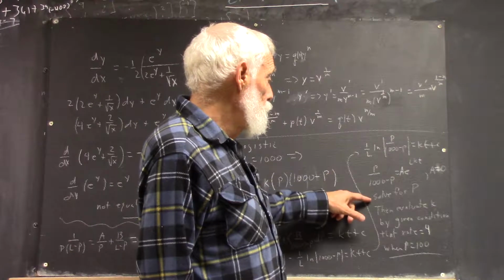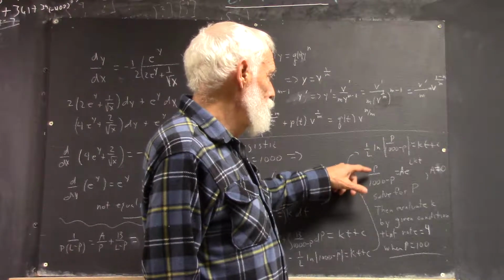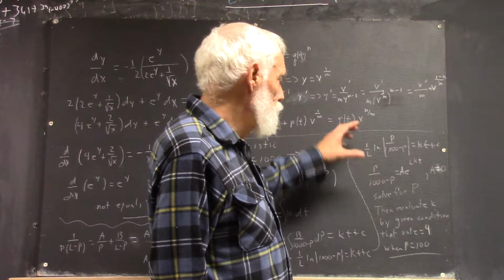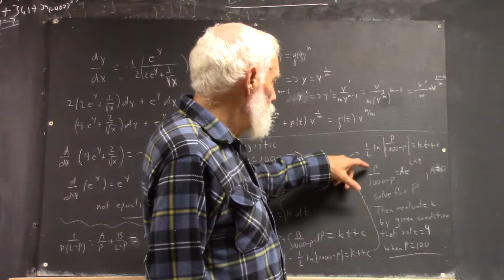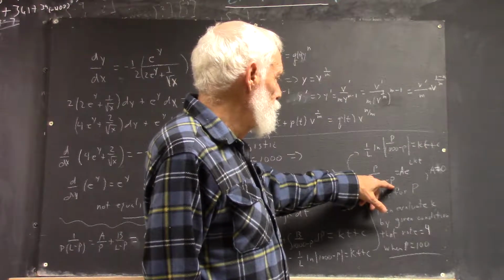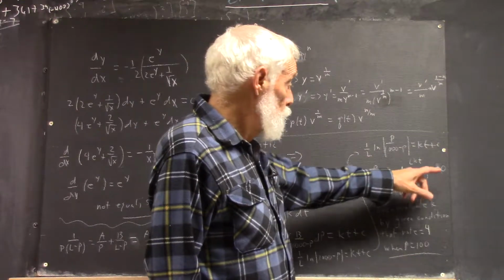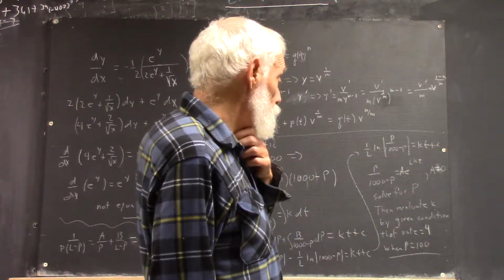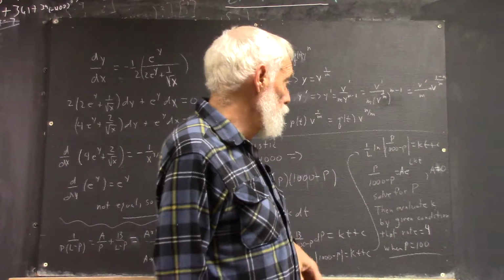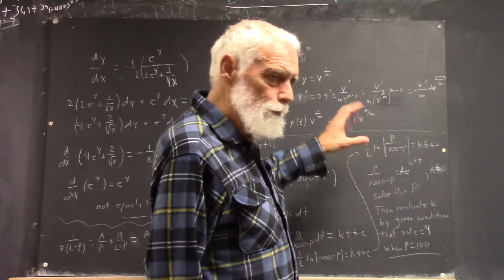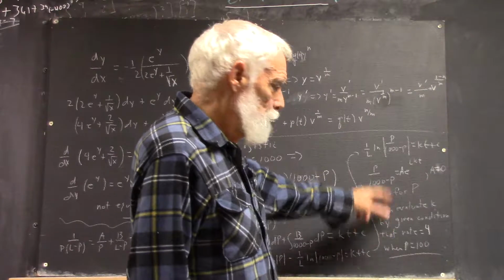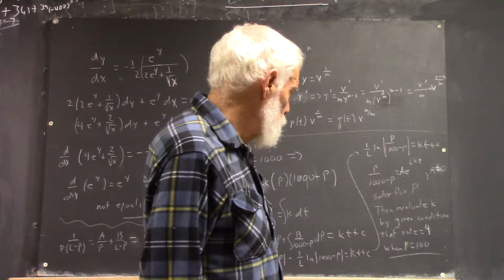We just go through this set of steps, and we get P over 1,000 minus P equals Ae to the Lkt, where A is not equal to 0. And we talked about why that is, but we've talked about it in detail before, so I'm just going to kind of invoke the steps here.